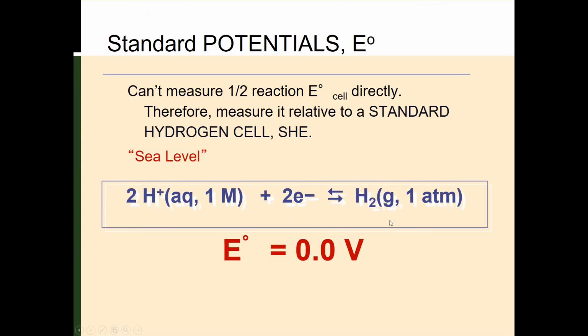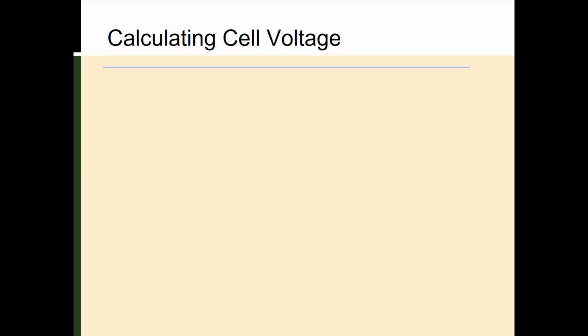Now notice it is a potential for a half reaction. This particular one and all others that are going to be listed in the table are reductions. We could put together a table of oxidations. However, the International Union of Pure and Applied Chemistry met and decided that they would go standard around the world and everybody list reduction potentials.